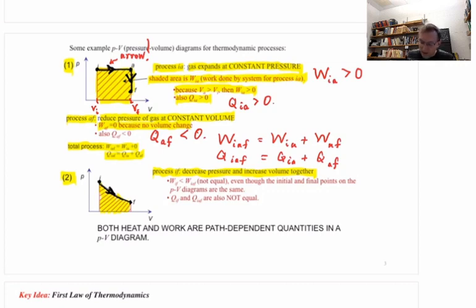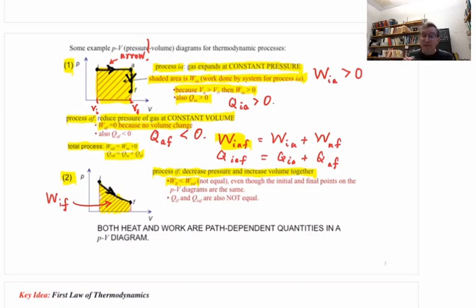So the work done in experiment 1, that's WIAF, is larger than the work done right here, which is this area, which I'll just call the work WIF. Or to say it another way, WIF is less than WIAF, even though the initial and final points on the diagram are the same. That's very manifest from the two diagrams.